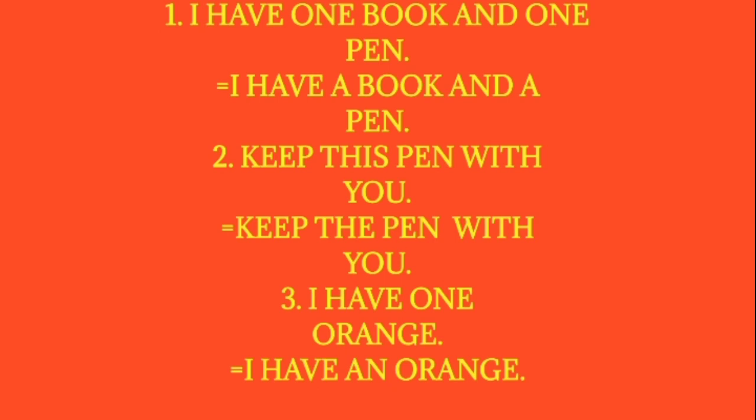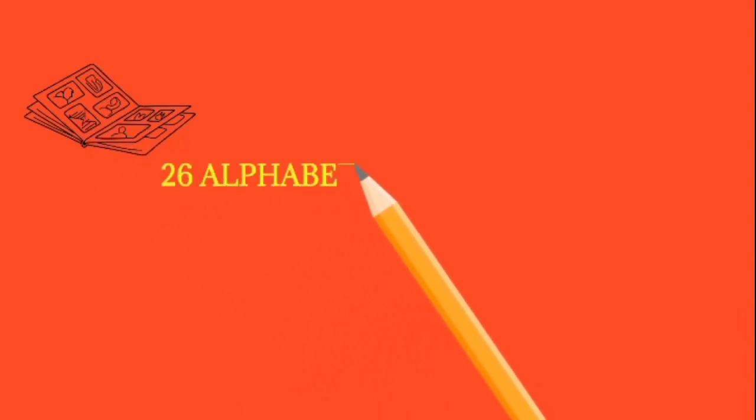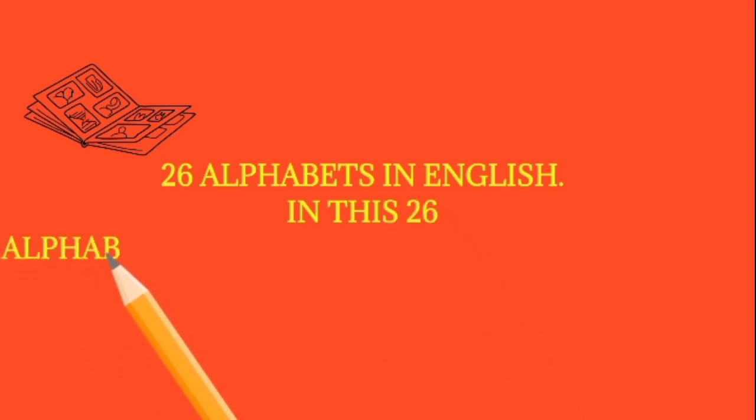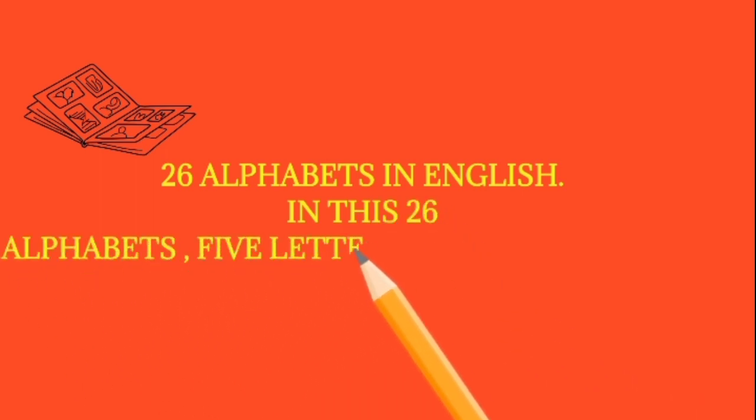When should we use a, an and the? Do you know? Yes, my dear students, it is very important to see the usage of these articles in front of nouns. So let us start this. My dear students, in English we have 26 alphabets. How many alphabets? 26 alphabets.